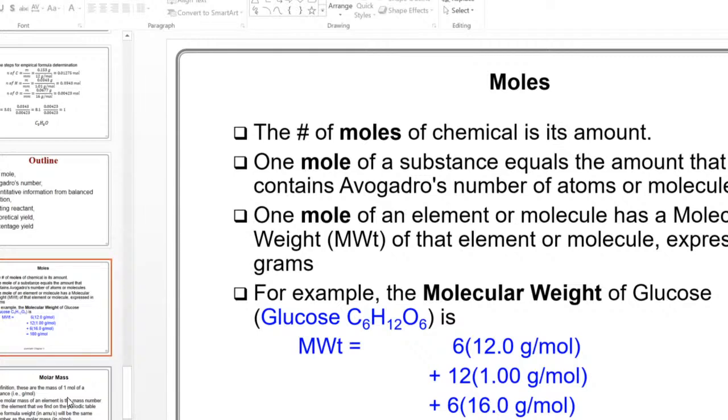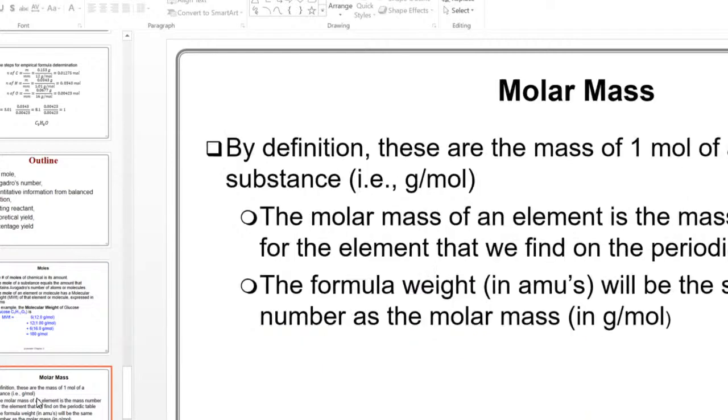Looking at molar mass, we now look at the definition. By definition, it is the mass of 1 mole of a substance.